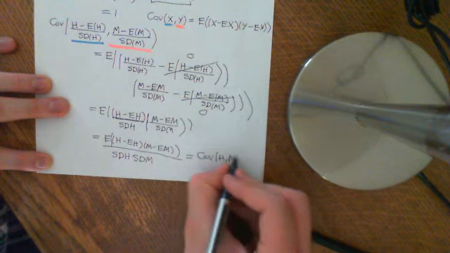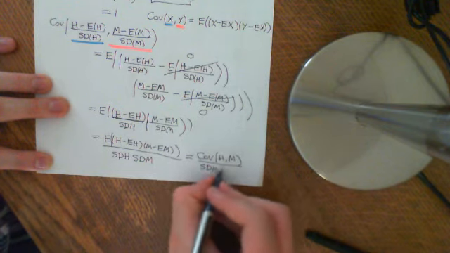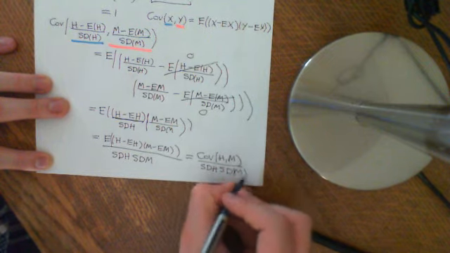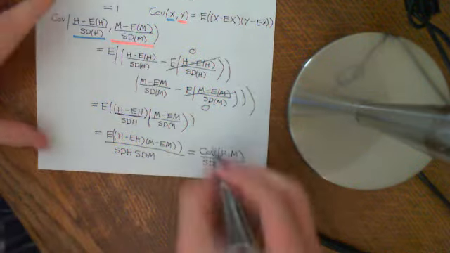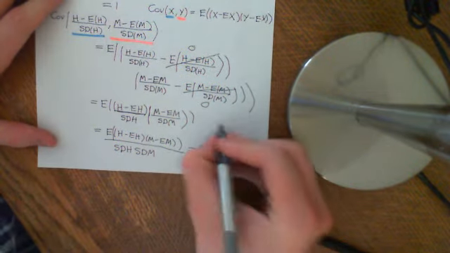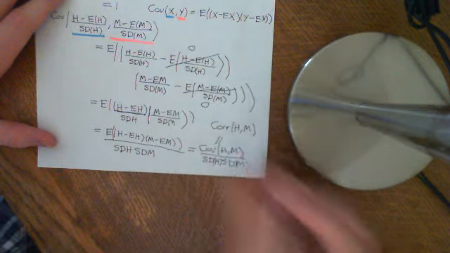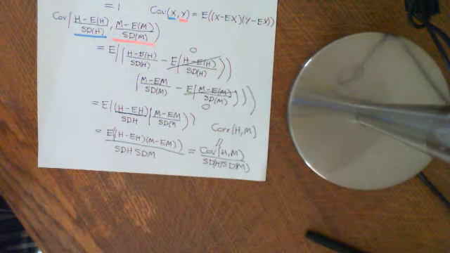Covariance of h and m divided by the standard deviation of h times the standard deviation of m, and that is the way we defined correlation previously. So this is just equal, by our first definition, to the correlation of h and m. So basically what we've seen is that the two definitions of correlation match one another perfectly.